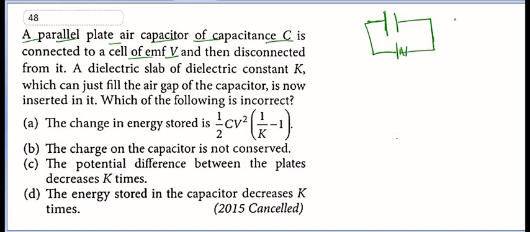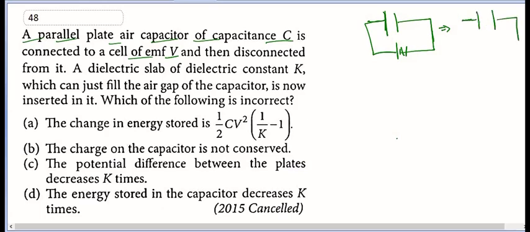Then a dielectric slab is introduced between the plates. The dielectric constant is K. Now which of the following is incorrect?